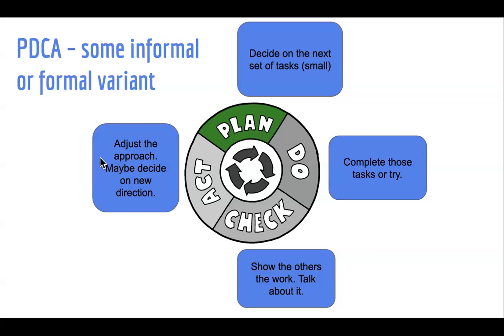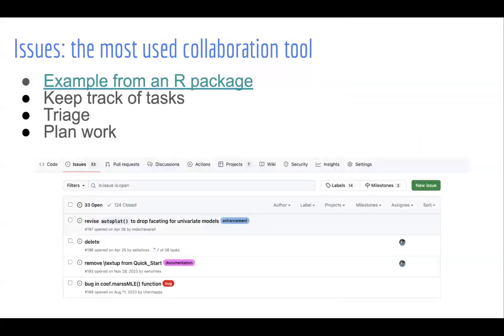And then act: we maybe adjust the approach. Do we like that? Do we not like that? And then we keep going. We work in this iterative cycle, and it's a conscious thing that you're doing. You're changing the way that you work to be more efficient by doing this task-oriented cycle and then checking, like talking about it.